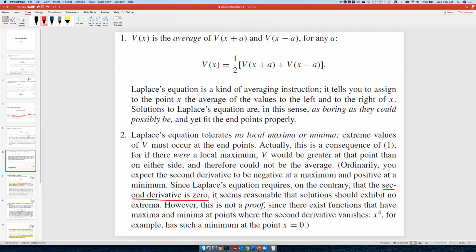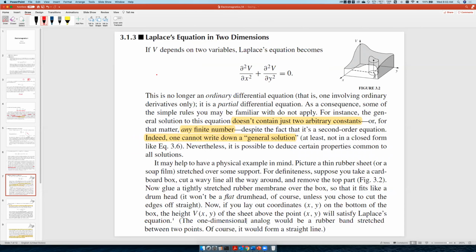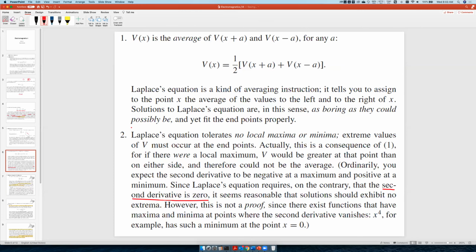A second derivative equal to zero simply means there's no minimum or maximum, in any equation, not only Laplace equation. So based on this, Laplace equation shouldn't have any local minima or maxima. Okay, so that's the one-dimensional case. From it, we found two features of Laplace equation. The first one is the average feature. The second one is the no local extrema feature.